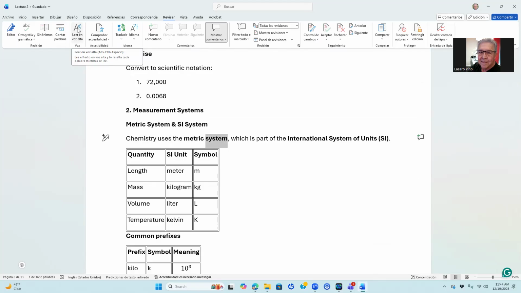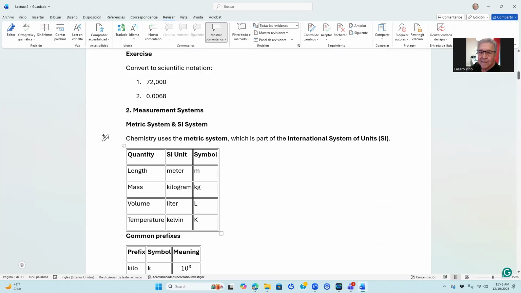Chemistry uses the metric system, which is part of the International System of Units, SI. Here you can see the quantities: length, mass, volume, temperature. In the international system, the unit for length is the meter, and the symbol is m in lowercase.